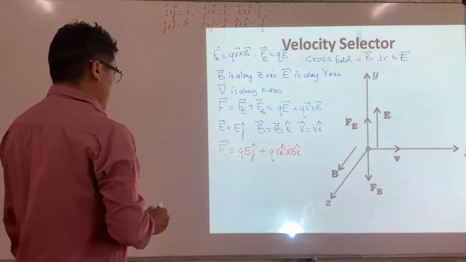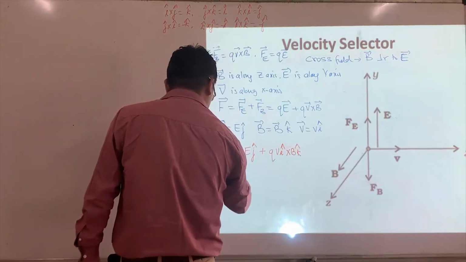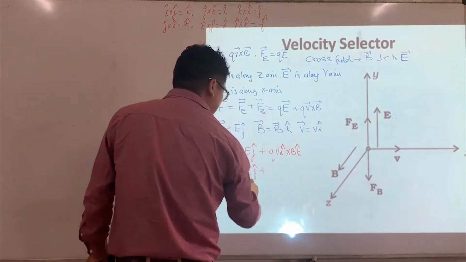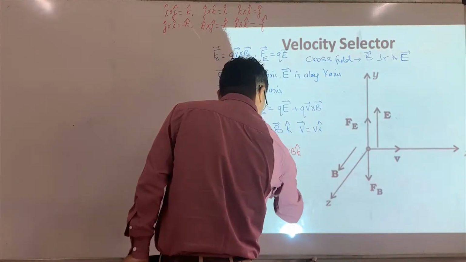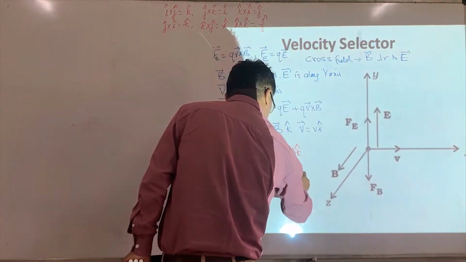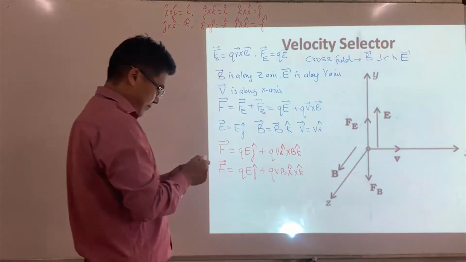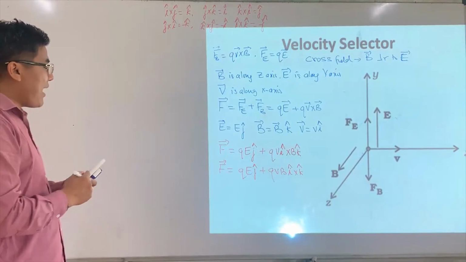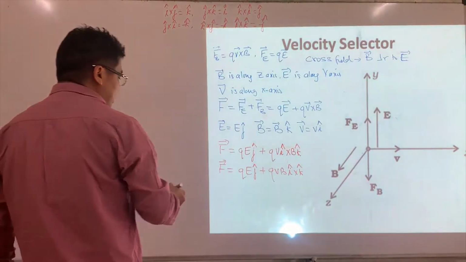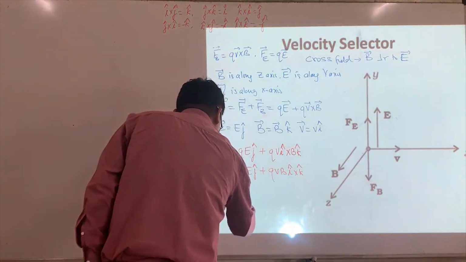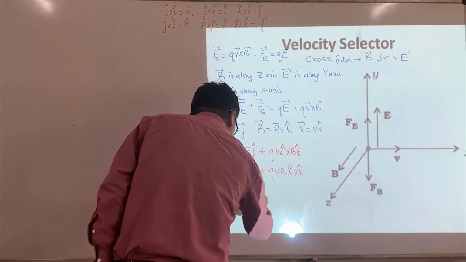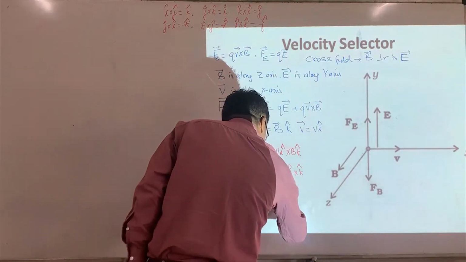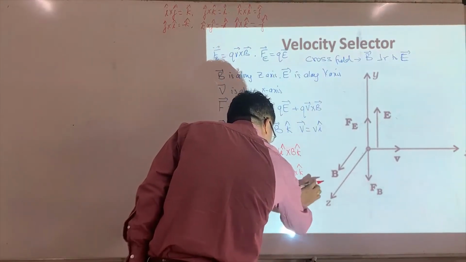So F is equal to plus QVB times i cross k. So what is i cross k? i cross k is minus j cap.